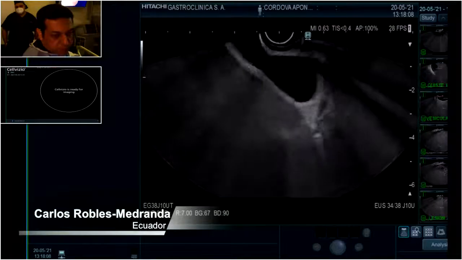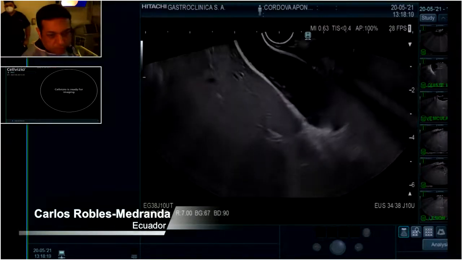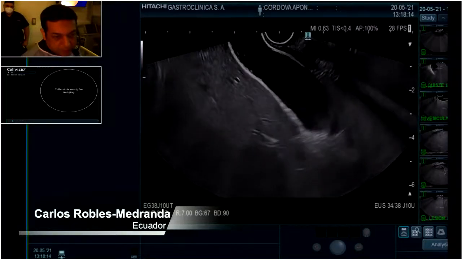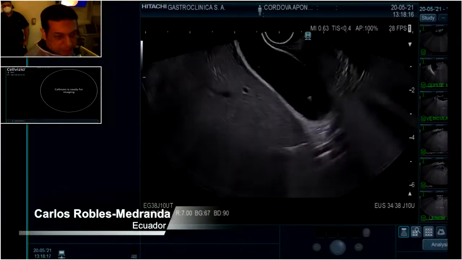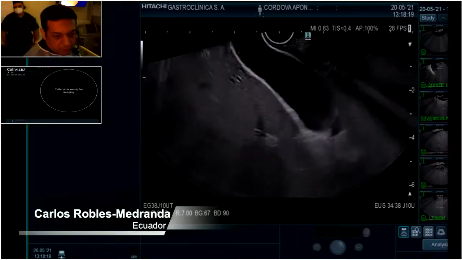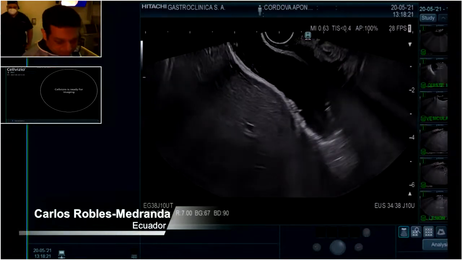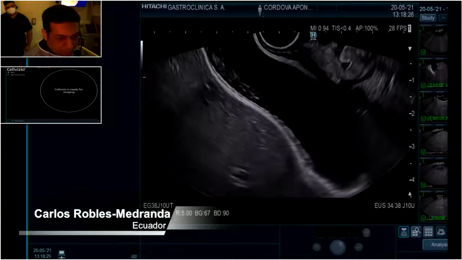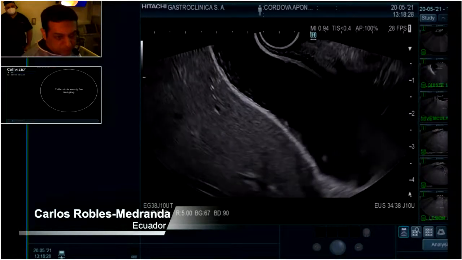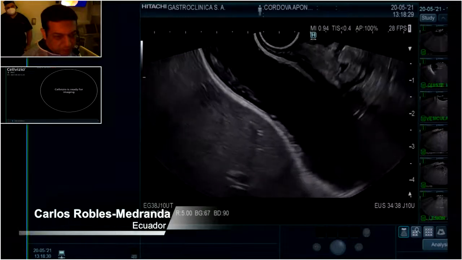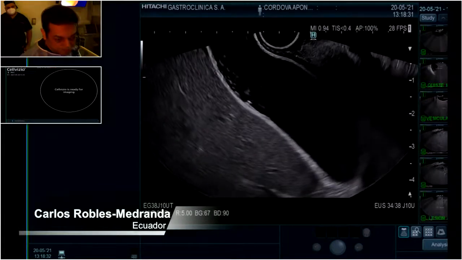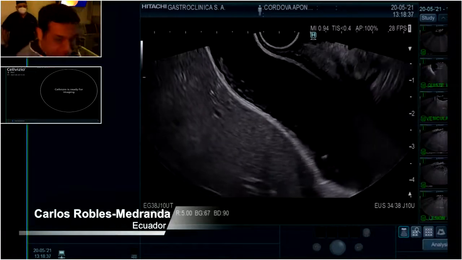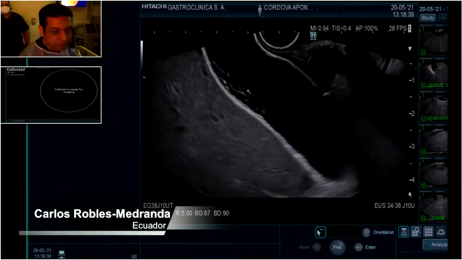So this patient doesn't have a history of pancreatitis, but I see here a lot of microstones, microlithiasis. I don't know how to say in English that. Microlithiasis. Look here. You see?